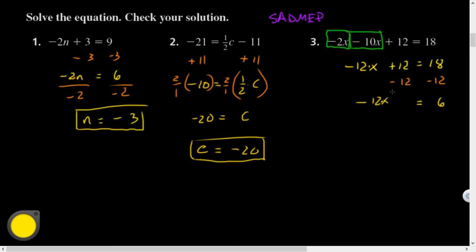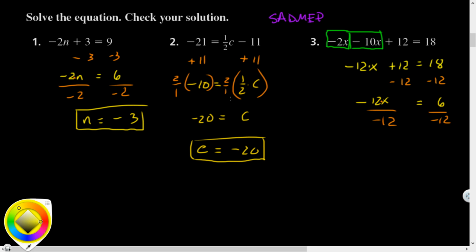Multiplication is happening, so you're going to divide. I don't want to try adding 12. What's happening here is multiplication by a negative, so divide by -12. We haven't done one of these yet. The minus signs cancel out. The 12s cancel out. I get x equals, is this going to be positive or negative? Negative.